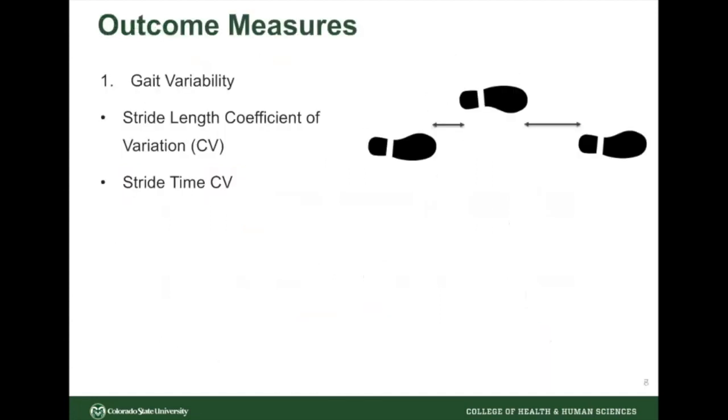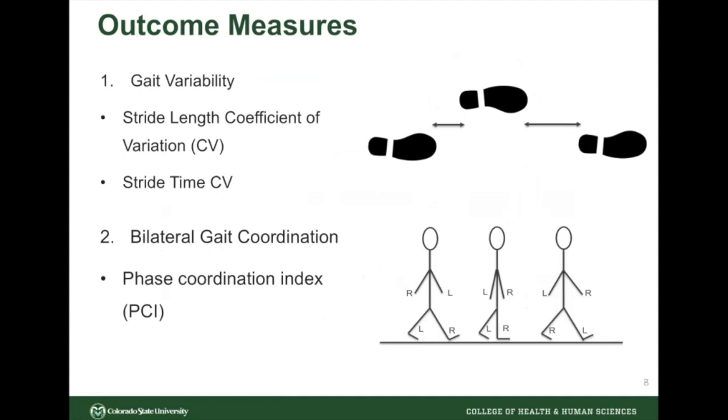The two main outcomes we examined were gait variability and bilateral gait coordination. Gait variability was measured as stride length coefficient of variation and stride time coefficient of variation. Bilateral gait coordination was quantified by the phase coordination index, which measures the degree to which both of the lower limbs are moving synchronously.